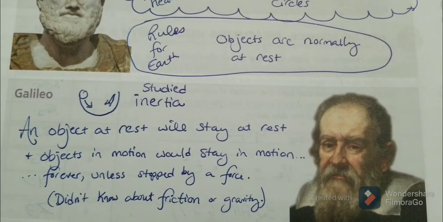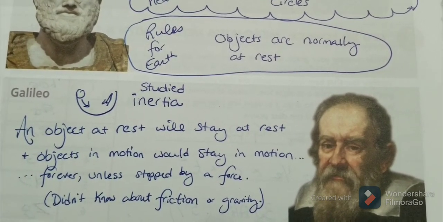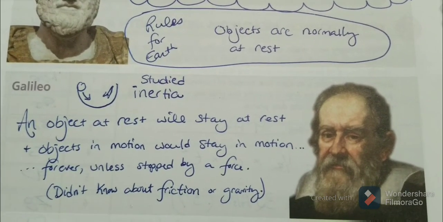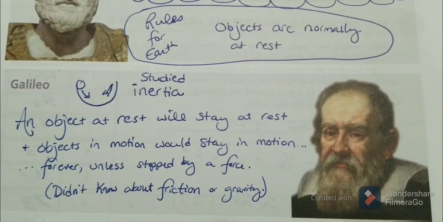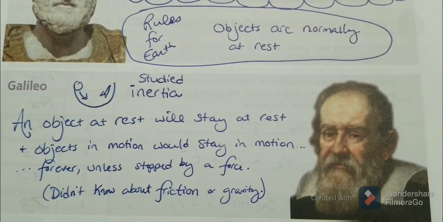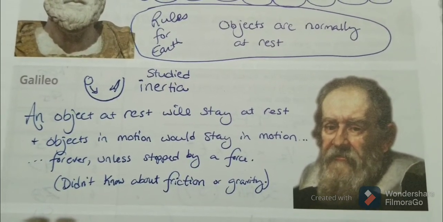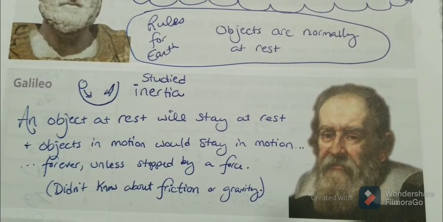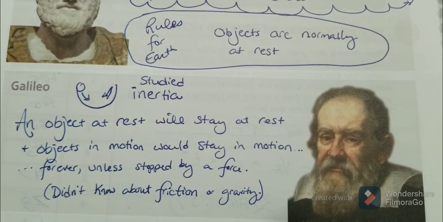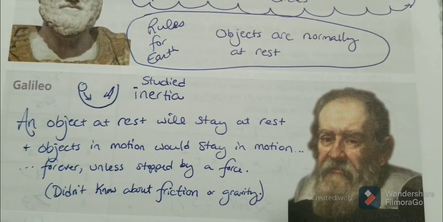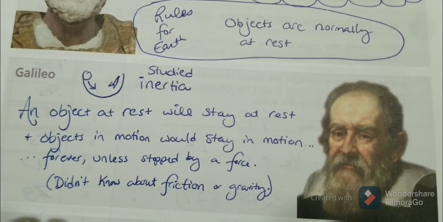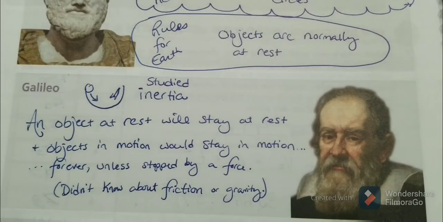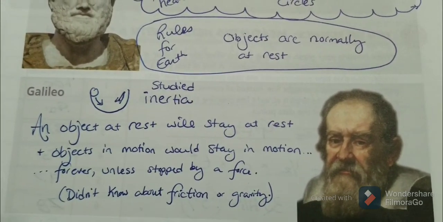An object in motion, he believed, would stay in motion forever unless it's stopped by a force, which is pretty insightful of him because he didn't even know about friction or gravity. So this is a brilliant man. He believed that objects could theoretically stay in motion forever, which is not possible here on Earth. But yeah, theoretically, and in a perfect world with no friction or gravity, yes, he's right. No other forces.